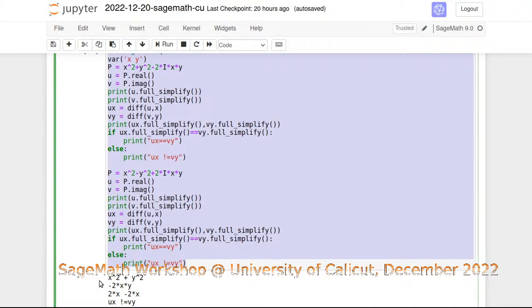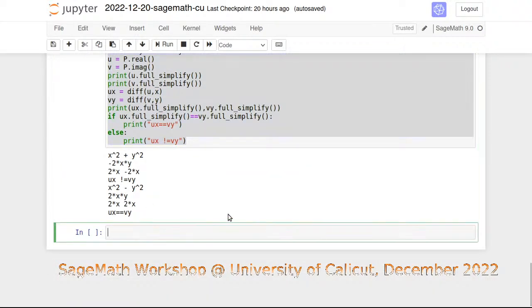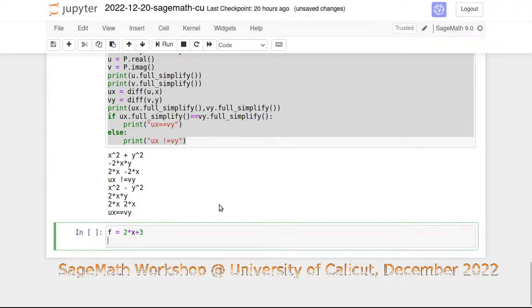But these things are necessary because sometimes what happens is that if you multiply two polynomials, Sage will simply show it as that product itself. For example, suppose that we define f equal to 2x plus 3 and g equal to x plus 5.